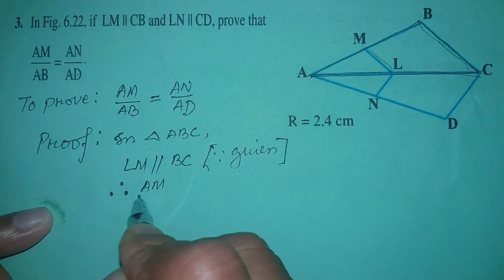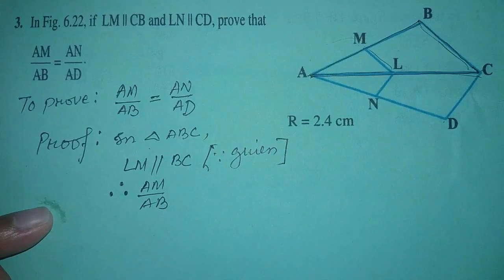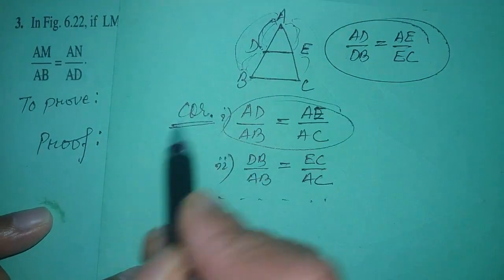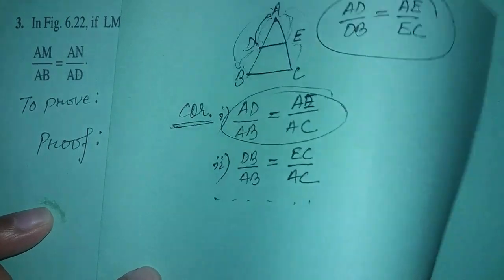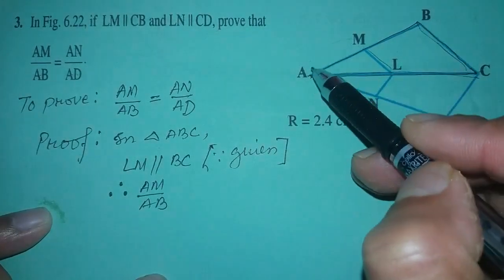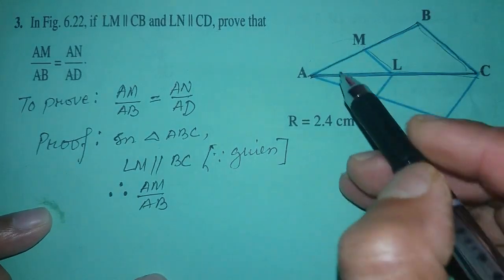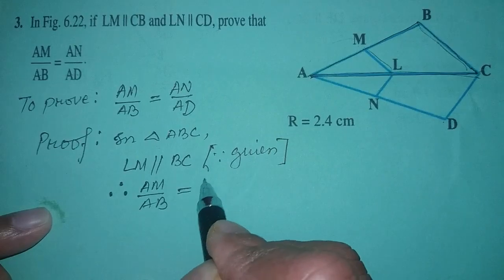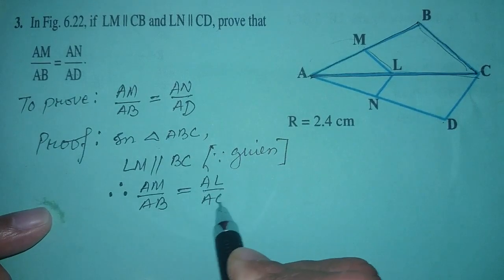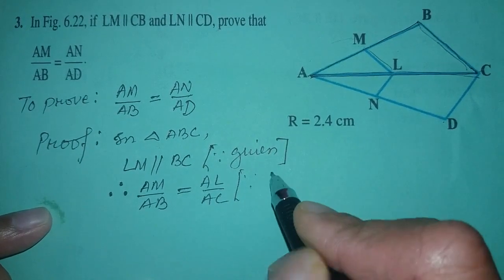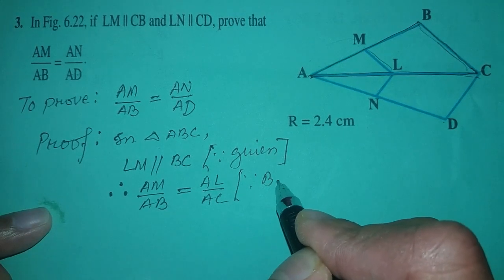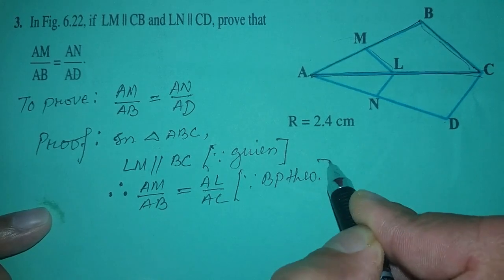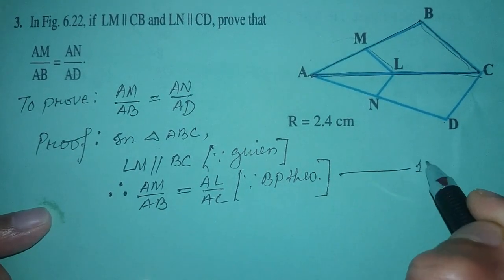This is what I said just now, the corollary, we are using this property. So since we are taking AM by AB, here also we have to take AL by AC. This is given by basic proportionality theorem. Now let's call this 1.